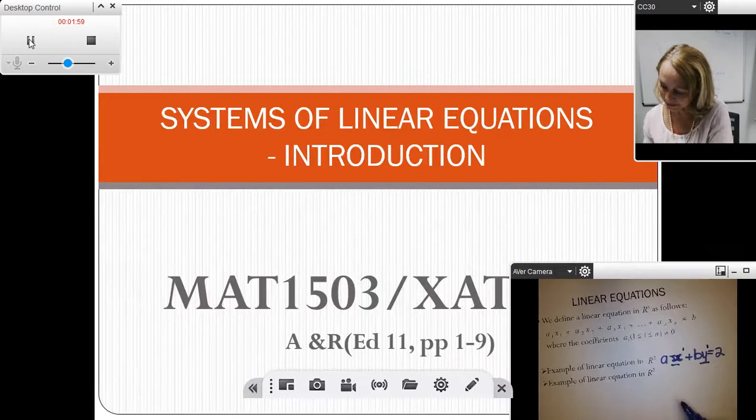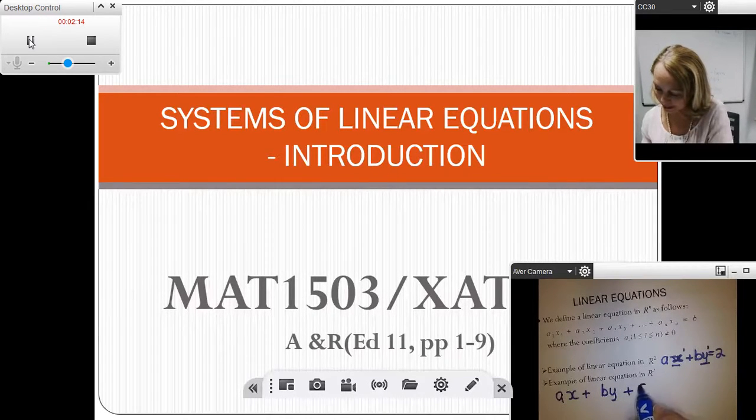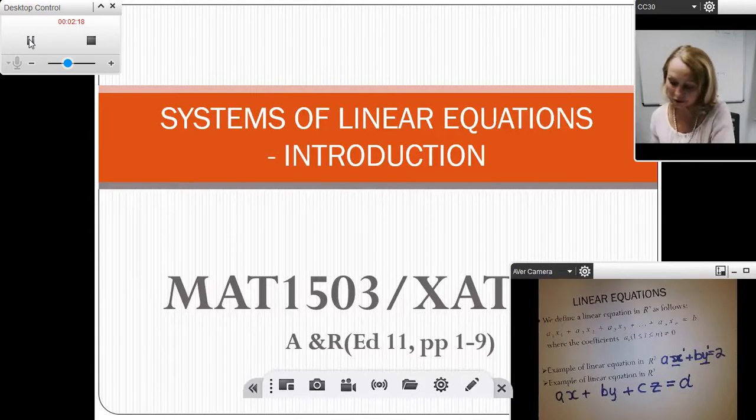this is linear. And then an example of a linear equation in R3, that's three-dimensional space. We are expecting three variables: ax plus by plus cz equals any other constant.